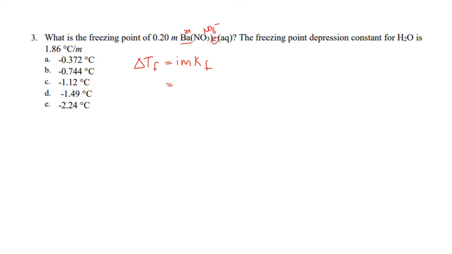So I have a total of 3 ions, and molality is given as 0.2 and Kf is given as 1.86. When you multiply that, we will get 1.116 degrees Celsius, and this is the change in Tf, that is the change in temperature. So what is the freezing point?